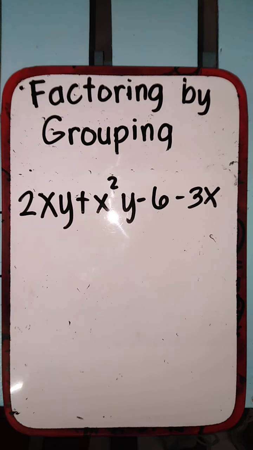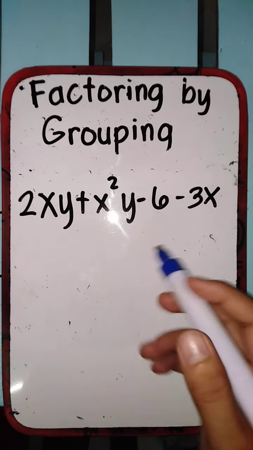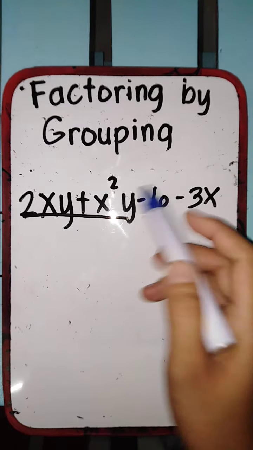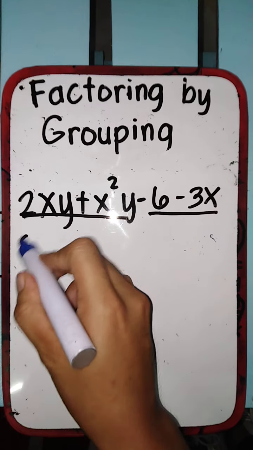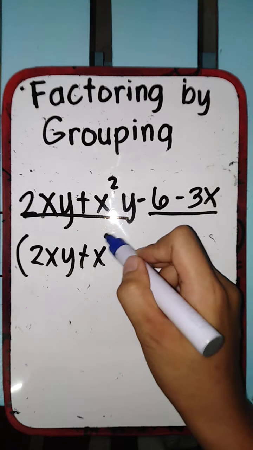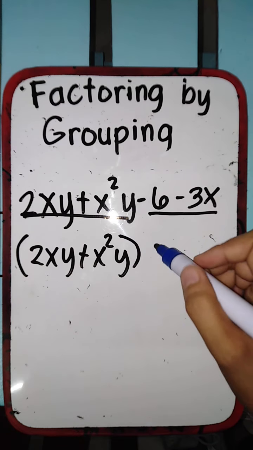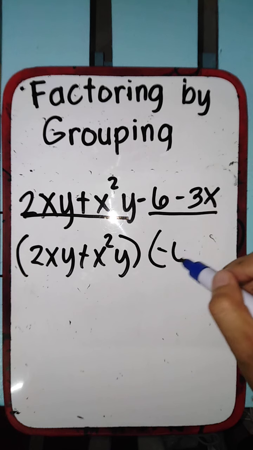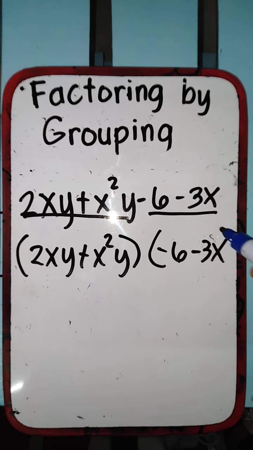Next example, we have 2xy plus x squared y minus 6 minus 3x. Again, we are going to group this. Our first group is 2xy plus x squared y, and our second group is negative 6 minus 3x.